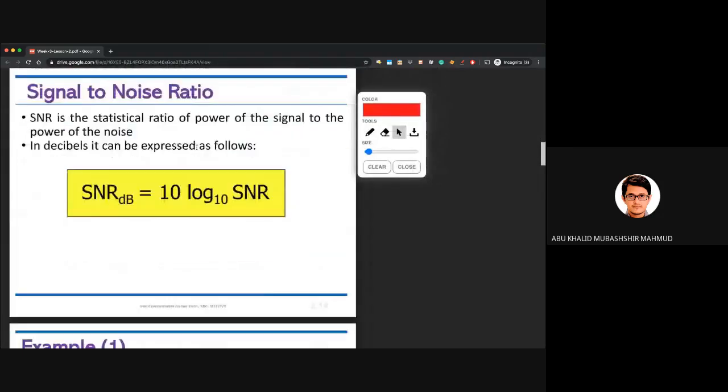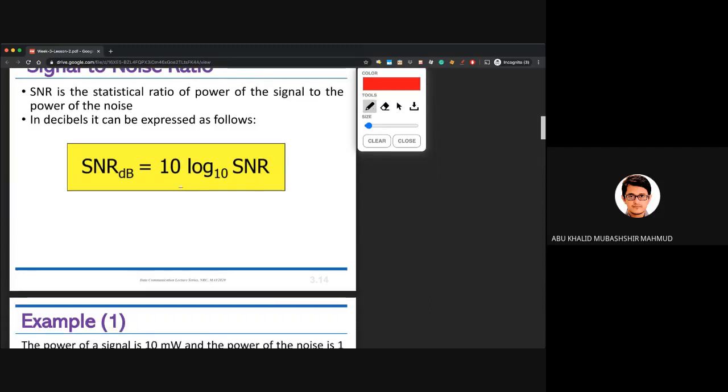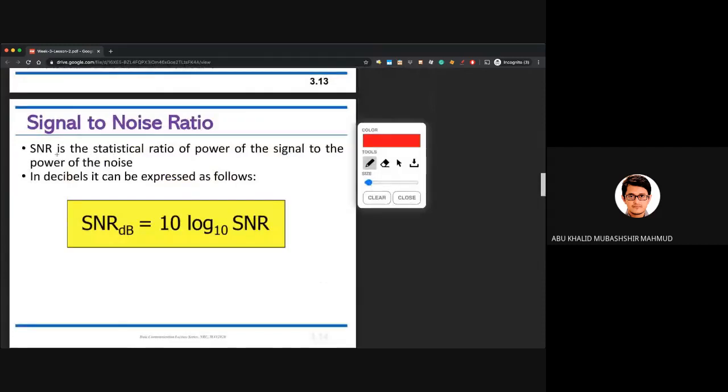Signal to noise ratio. Signal to noise ratio is the statistical ratio of power of the signal to the power of the noise. In decibels, it can be expressed as follows. So I will represent it mathematically.